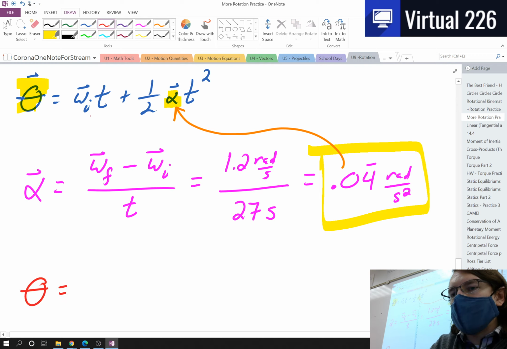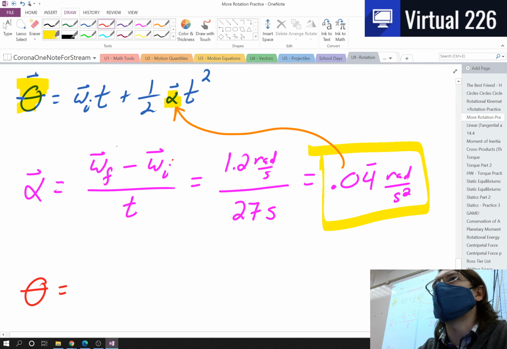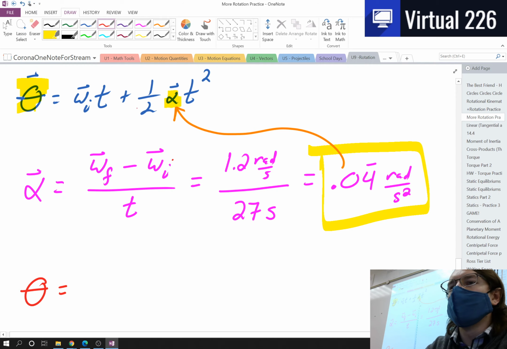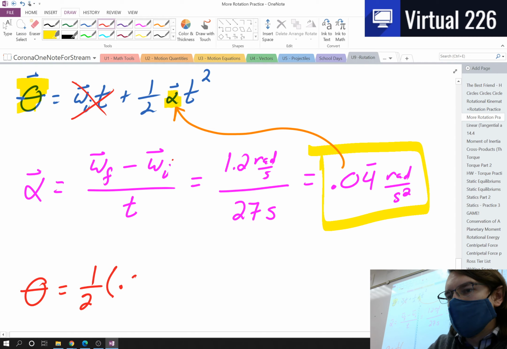Theta equals the initial angular velocity times time. Well, we knew this initial velocity was 0. It started at rest. And 0 times anything is 0, so who really cares about the beginning here for this problem? So what we're left with is 0 plus 1/2 alpha, which is 0.044444, times the time of 27 seconds squared.